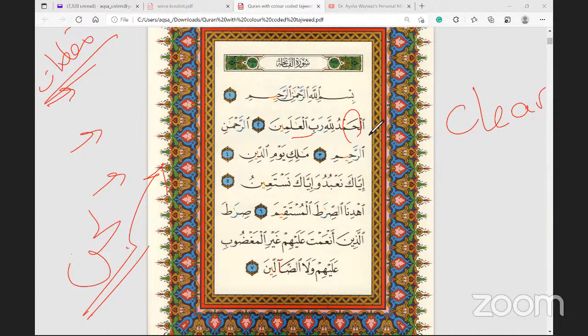You just made the Ha into a Ha, or the Ain into an A in Alameen. You made a big major mistake right there. Or making the Dhamma into a Fatha, or the opposite. That's actually a clear mistake.